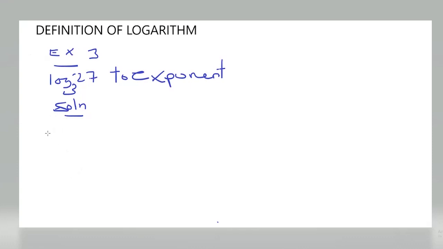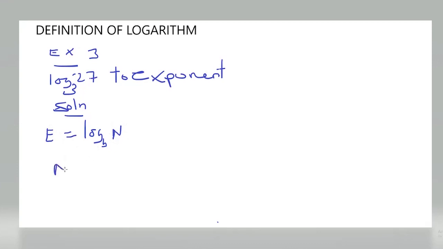Remember the formula says exponent is equal to logarithm of number to base. Sorry, my intention was to write the formula. I don't know why I wrote that, but let me repeat it. From there you can see we don't have an exponent, because we need to get the exponent from the number given.